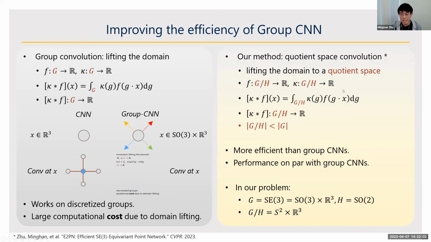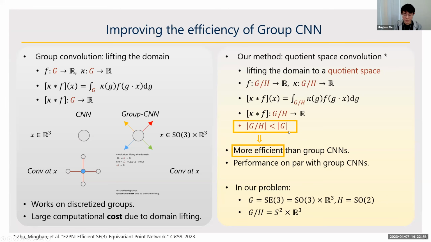But the overall idea is that the quotient space is denoted as G divided by H. As in typical division, this division makes the final result smaller. The key thing to know is that G over H is a space much smaller than the original G. Because we are working on a smaller space, the convolution can be more efficient. That's the overall idea, and G over H is what we call the quotient space.